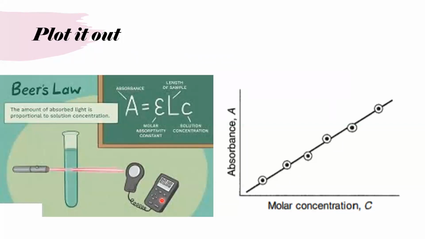All right, so we talked about how transmittance relates to absorbance and how absorbance relates to concentration by using Beer's law. And Beer's law shows us the absorbance value is directly proportional to the molar concentration of the absorbing substance of the unknown sample, but only if the same cuvette and a set wavelength are used for all of the measurements.